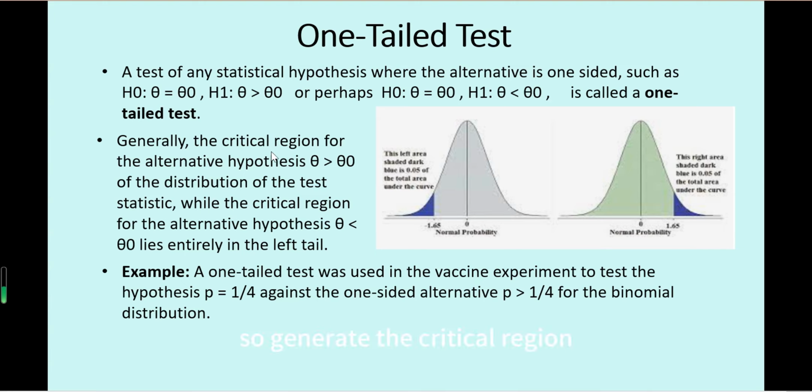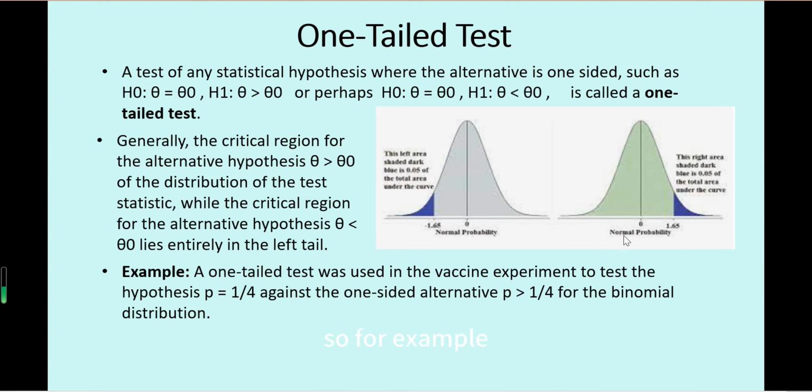Generally, the critical region for the alternative hypothesis theta larger than theta 0 lies in the right tail of the distribution of the test statistic, while the critical region for the alternative hypothesis theta less than theta 0 lies entirely in the left tail. So we use one of these two figures for the one-tailed test.